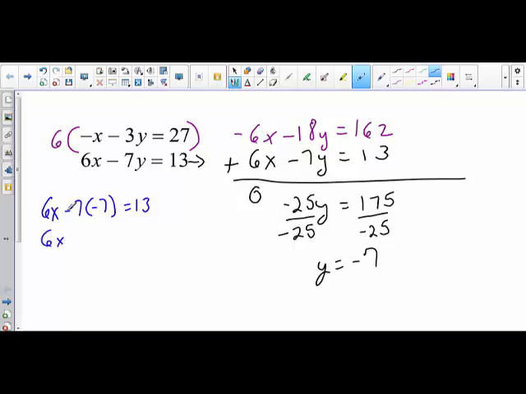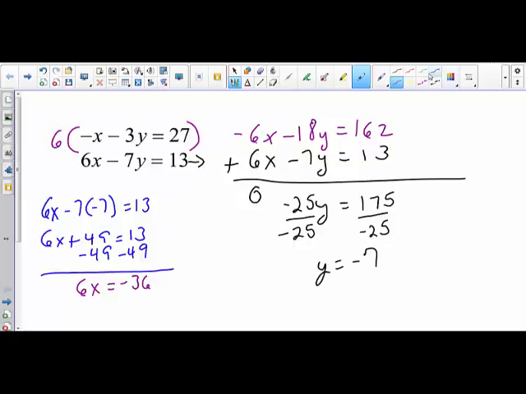So 6x, a negative makes a positive. And I'm going to subtract 49 from both sides. In doing so, that is going to leave us with 6x equals 13 plus negative 49. That'll give us negative 36.